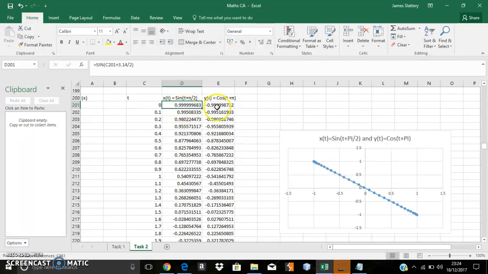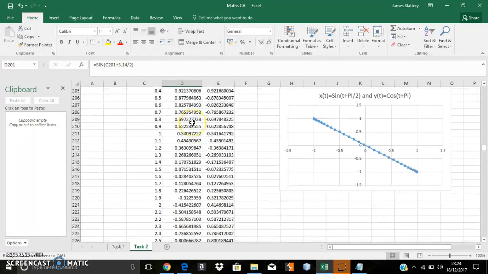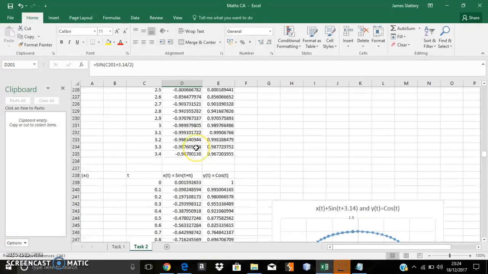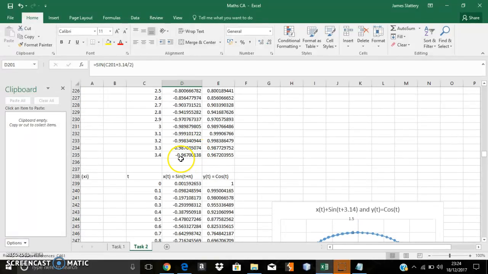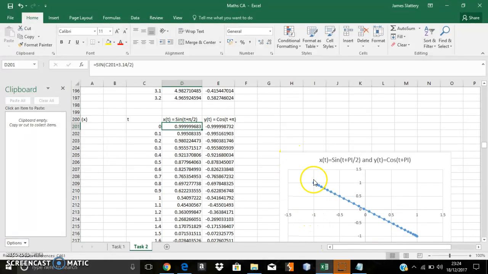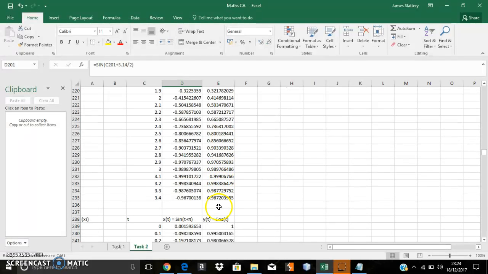So x is 1, y is minus 1, and then it keeps going down to almost again roughly minus 1, 1. So that's the starting point, and then this is the ending point.